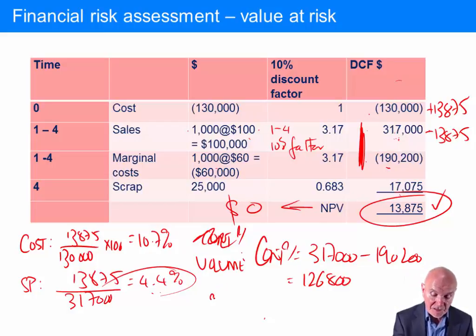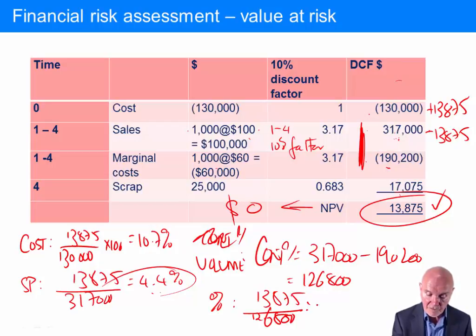So the percentage fall that we could tolerate here is 13,875 over 126,800. So 13,875 divided by 126,000 is about 11%.